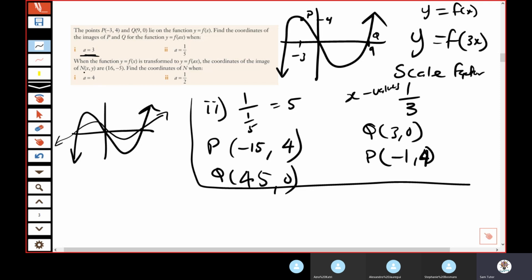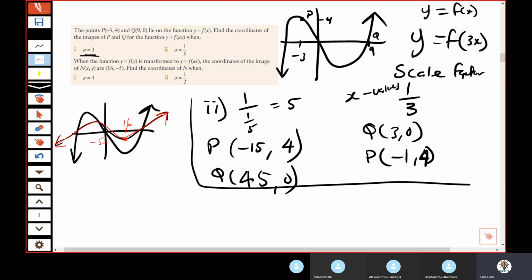Anyways, from your original up to your red line, I should have made that into red, becomes x is 16 and negative 5. So let's just say that one is (16, -5).